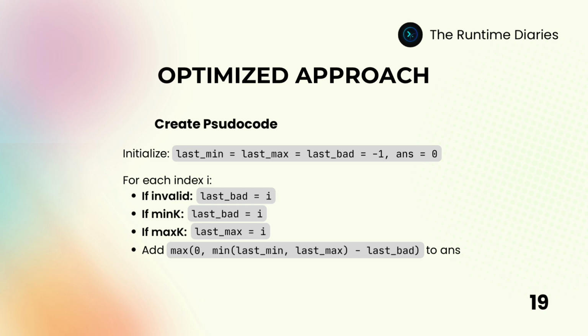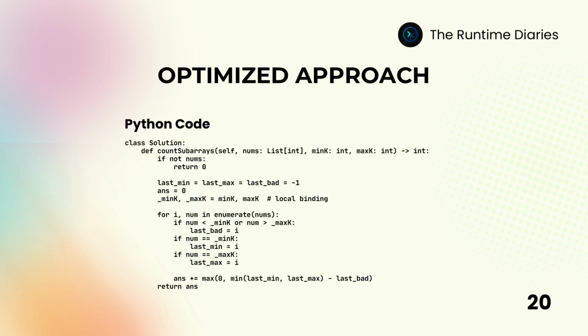Here's the complete algorithm. Initialize last_min, last_max, and last_bad to -1. This represents not seen yet. Initialize ans to 0. For every index i in the array, if nums[i] is less than minK or greater than maxK, update last_bad to i. This value is a barrier.